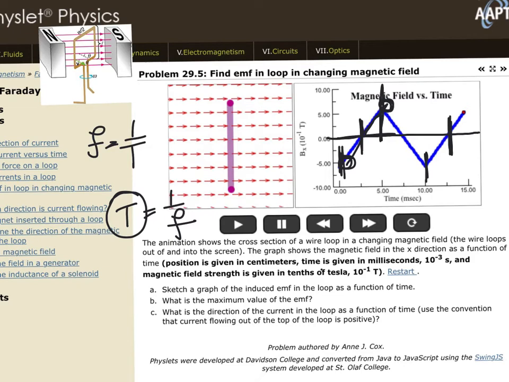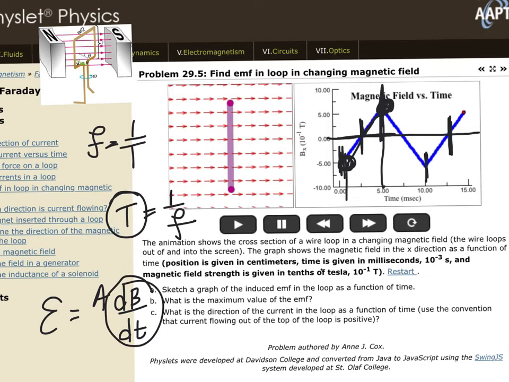That's how that works. In order to get the EMF output, as I mentioned, you do need to know the area, and you need to know delta B over delta T. Just measure the minimum value and the maximum value, that's your delta B, measure the time of half the period, divide those, and you'll get this value. Use your cursor, remember center to center, get the diameter, divide by 2, get the radius, and that will give you the area.